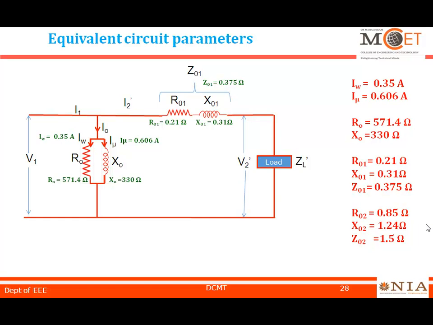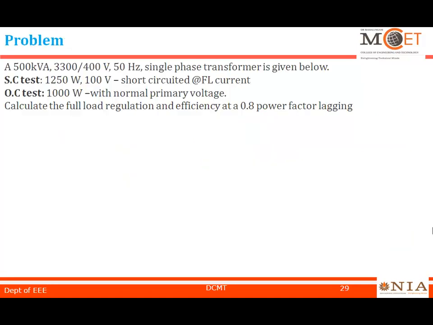Similarly, the same procedure should be repeated for your lab experiment also. Now another problem, take this as your homework and try to solve this. A 500 kVA, 3300 by 400 volt, 50 hertz single phase transformer is given below. Short circuit test: 1200 watts, 100 volt, the short circuit current at full load.